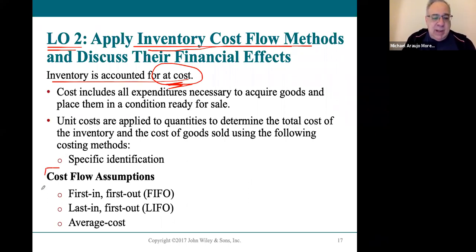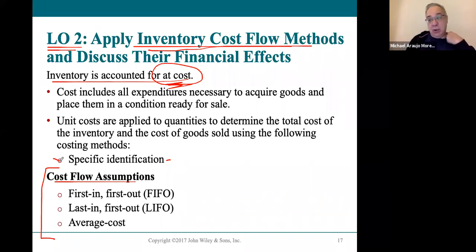We basically are going to be focusing on the bottom. These are the most common cost flow assumptions. The fourth one listed here is called specific identification. I will say that it's not used widely enough to really cover in detail, particularly for this type of course.